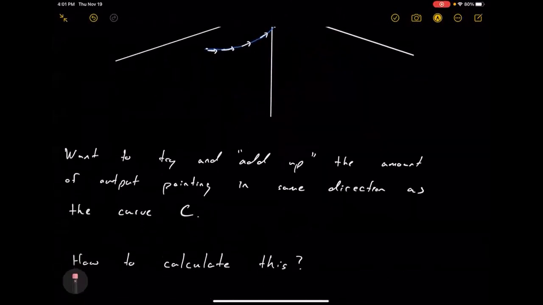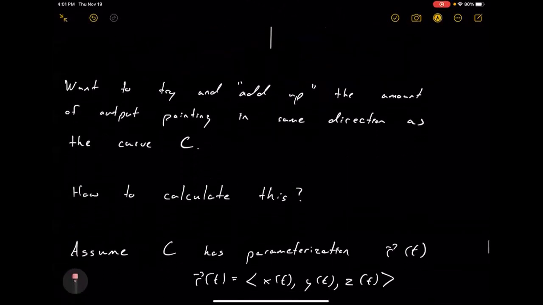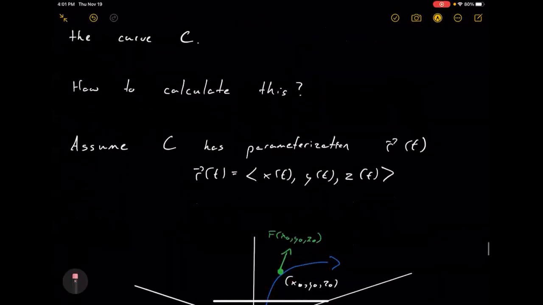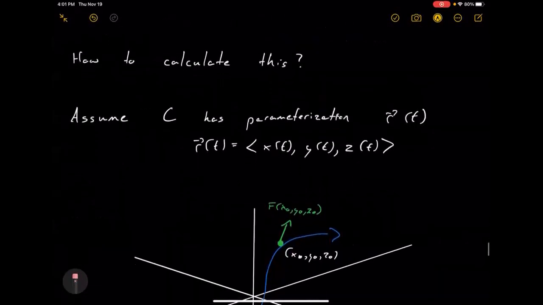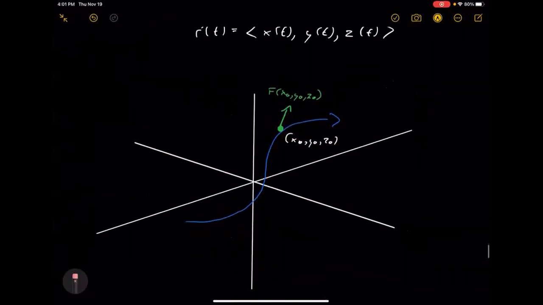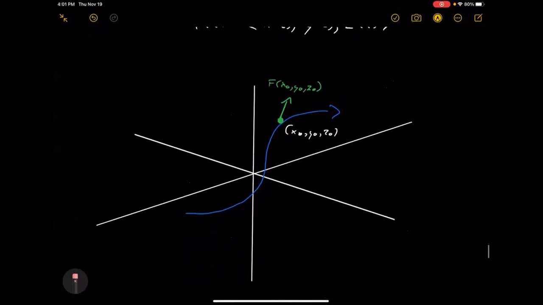We want to add up the amount of output pointing in the same direction as the curve C. The question is, how do we calculate that? Let's assume this curve C has this parameterization by the vector valued function r of t equals x of t, y of t, z of t. Let's think about our vector field along that curve.